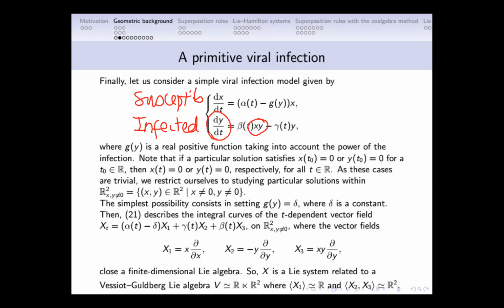Well, in the moment that infected are going to meet up with some susceptible ones, they're going to infect them. So when there is an interaction, this is going to be positive and they are going to grow. But this gamma is a factor that is the recuperation parameter. So when they get recuperated from the infection, they are good again. So that's why it's a minus, because it's going to subtract from the number of infected individuals.